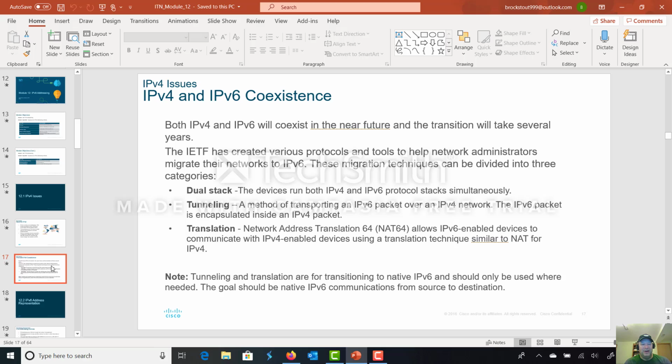The next slide talks about coexistence between IPv4 and IPv6. There's a few bullet points on here, and really the fact of the matter is there isn't a really smooth way to have something that's addressed in IPv4 and then encapsulate that inside of an IPv6 address.